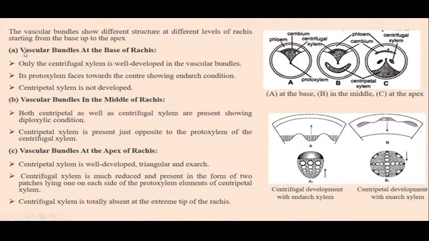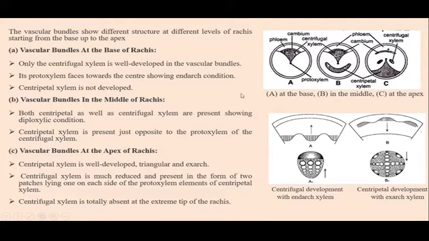Vascular bundle at the base of rachis. At the base of rachis, as you can see in this diagram, it consists of only the centrifugal xylem, and its protoxylem faces towards the center and it shows the endarch condition. Here you can see that there is no centripetal xylem.